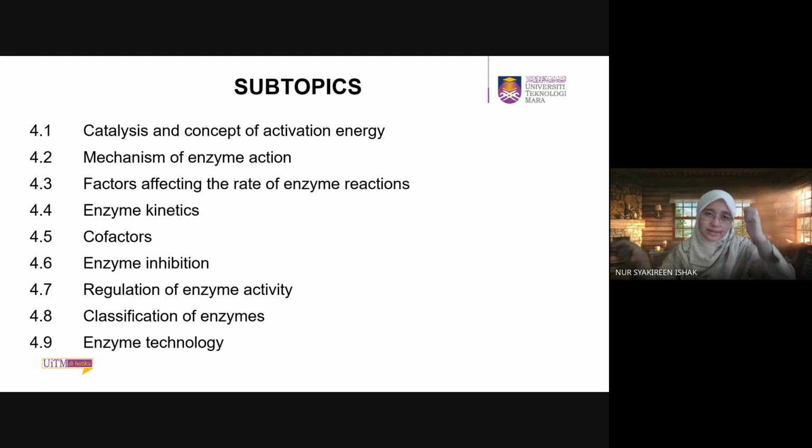For example, the monomers can be monosaccharides in polysaccharides, or amino acids in polypeptides. So in order to break the bond between the monomers is through the process of hydrolysis with the aid of enzyme in the reaction.